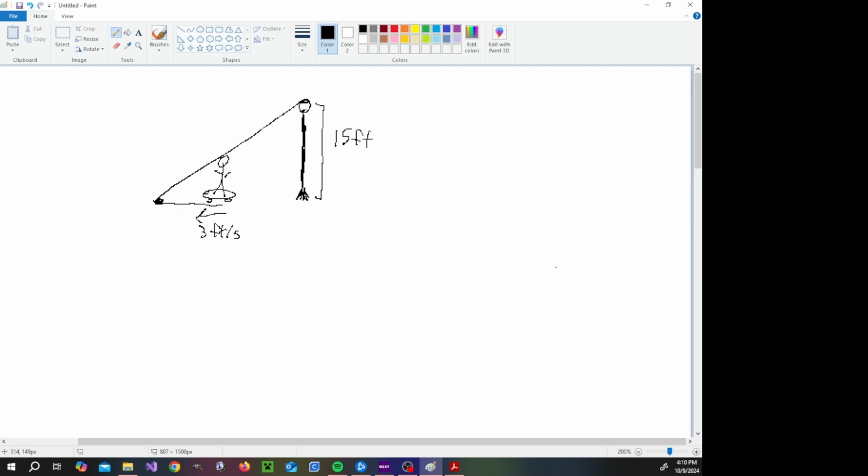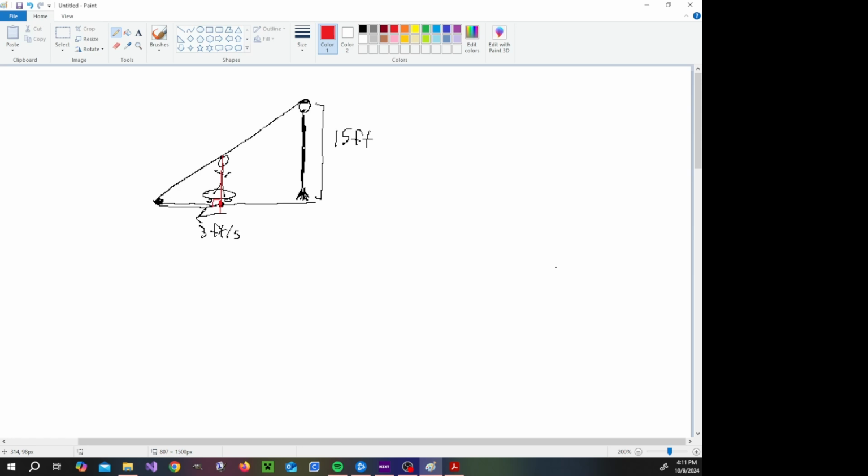His shadow is going to be from here to here, and his distance is going to be from there to there. So we have two triangles here.